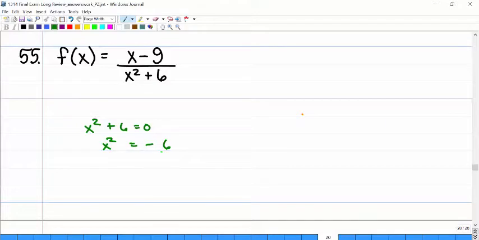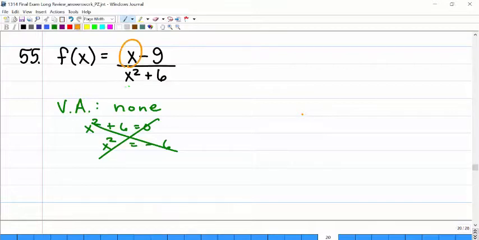When I try to solve that over the real numbers, I get no solution. So vertical asymptotes, there are none. For horizontal asymptotes, I notice that the degree of the numerator is 1, the degree of the denominator is 2. Since the degree of the numerator is less than the degree of the denominator, there is a horizontal asymptote at y equals 0. Since there is a horizontal asymptote, there cannot be a slant asymptote.